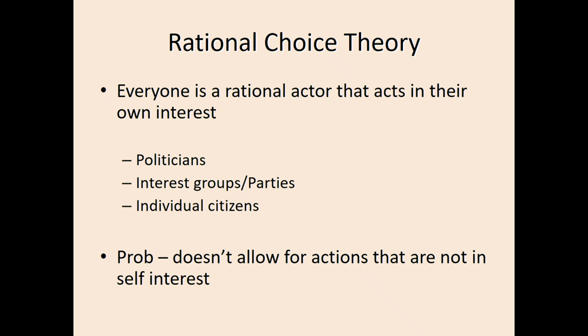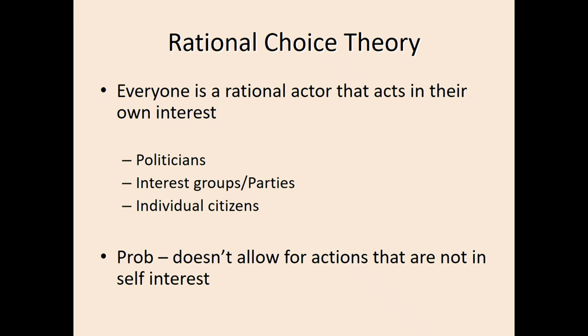Now, one of the problems is that this does not provide us with the ability to really understand people that act out of altruism or are not acting in their self-interest, right? It assumes that everybody acts in their self-interest. And it's very difficult to ascribe other motives to the political policy process here.